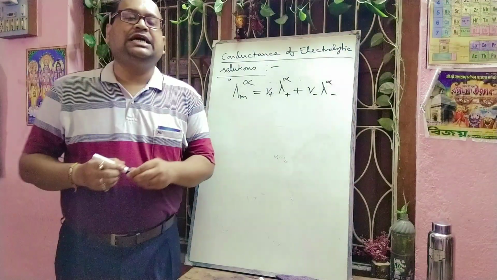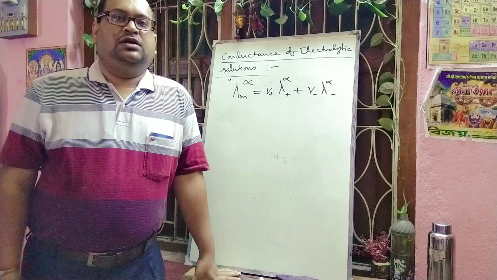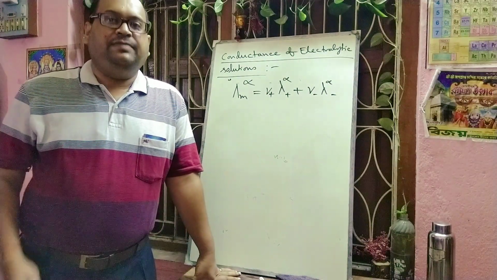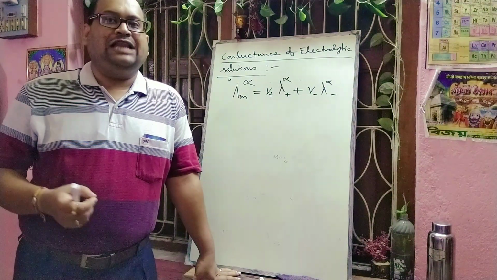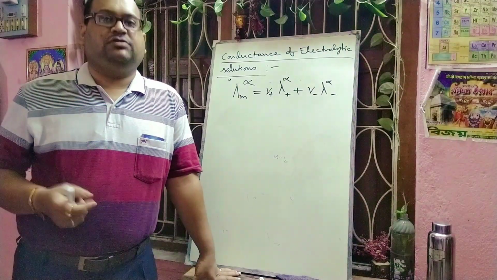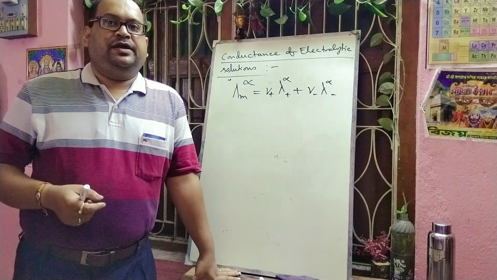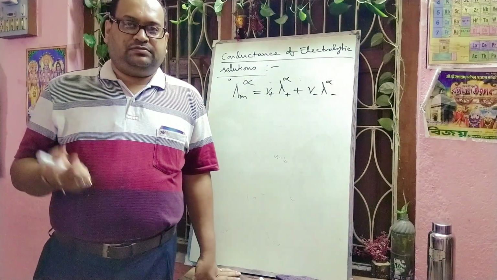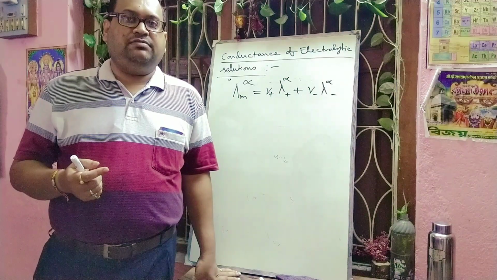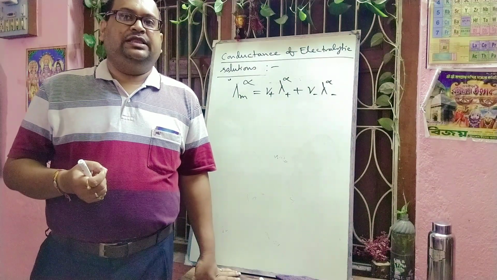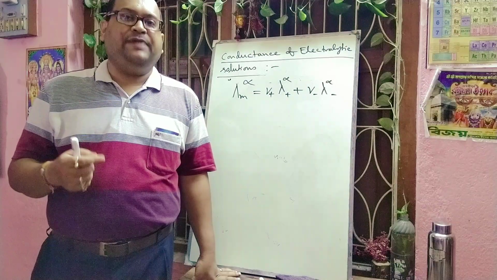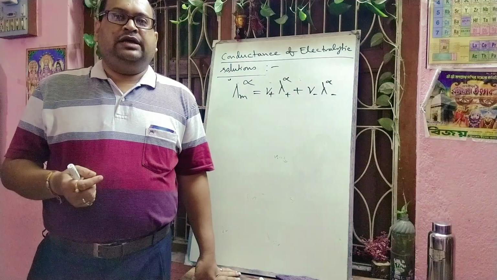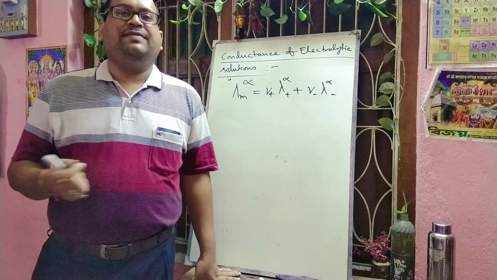And finally we will discuss the applications of this law. Actually, this Kohlrausch law can be used to calculate the molar conductivity for weak electrolyte. Suppose we consider the infinite dilution Λm value, that means the molar conductivity at infinite dilution for strong electrolytes like HCl, NaCl and sodium acetate.